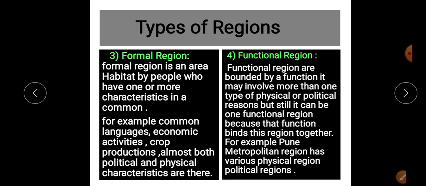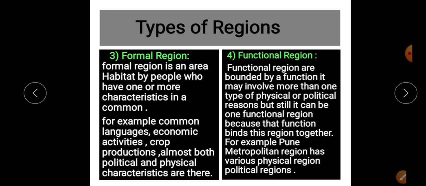For example, the Chota Nagpur Plateau industrial region is there. Great Lake industrial region is there. Ruhr and Rhine river industrial region is there. At that time, a number of formal regions also belong to that one functional region. It depends on that function also.